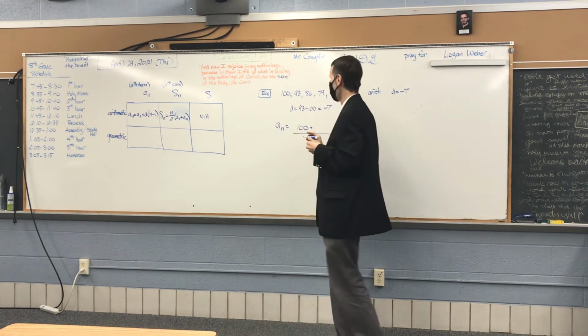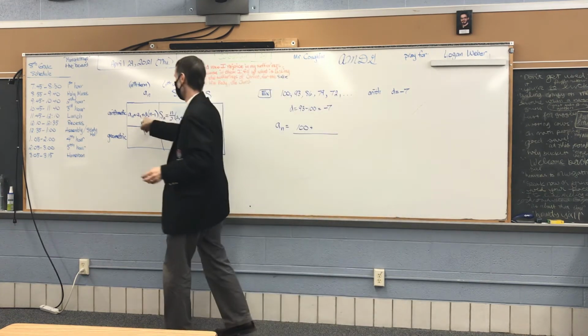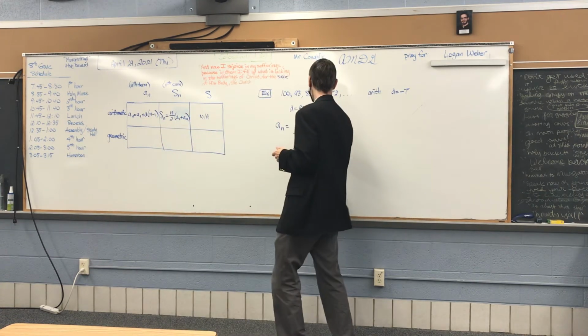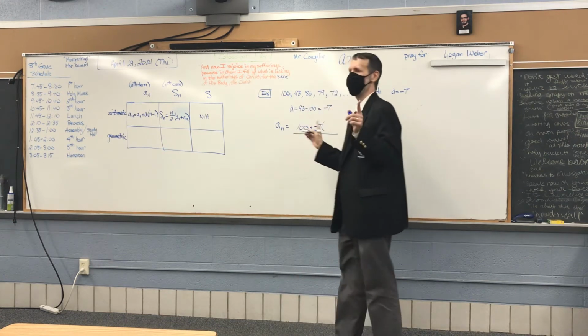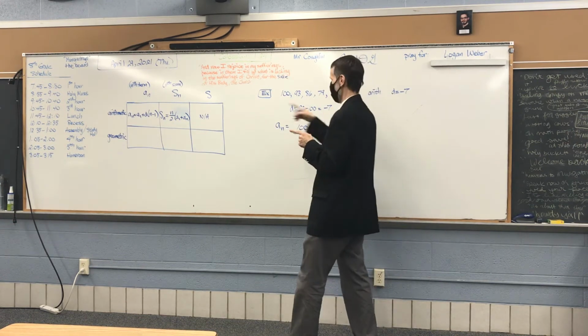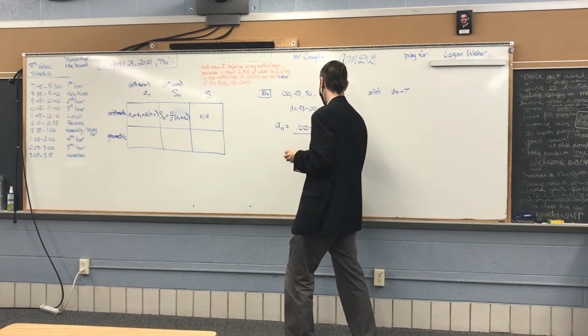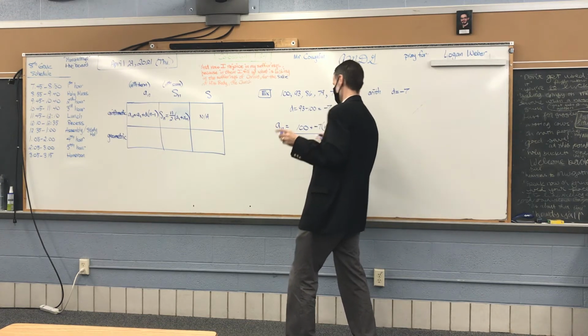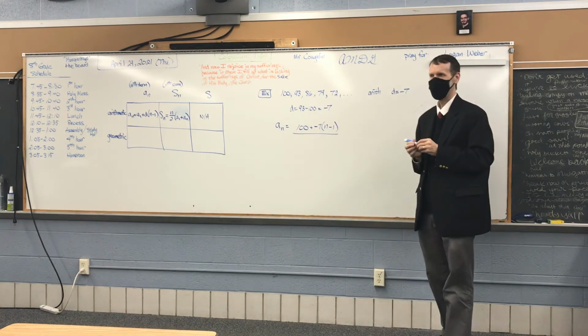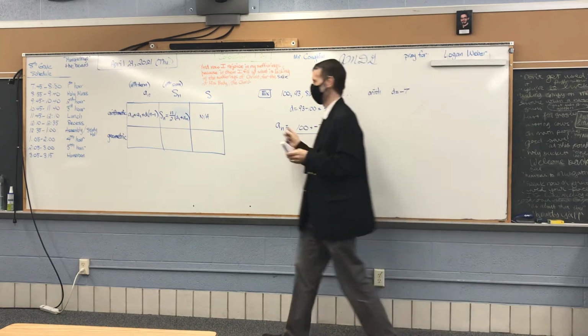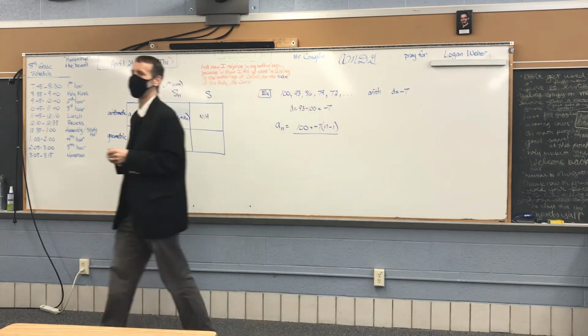Plus, and you can use this, A1 plus, good, -7 times parentheses, and then there's not much you can do with this. n, because I don't know what n is, minus 1. You are done.